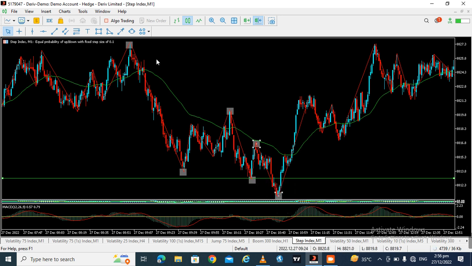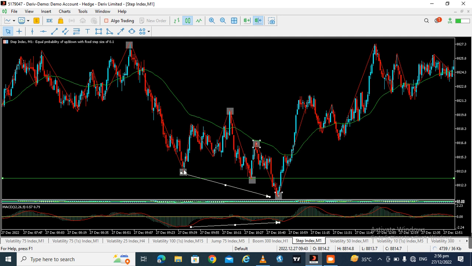So on the chart, if you take note, you spot divergence: the price is forming a lower low, whereas our MACD indicator shows a higher low formation.